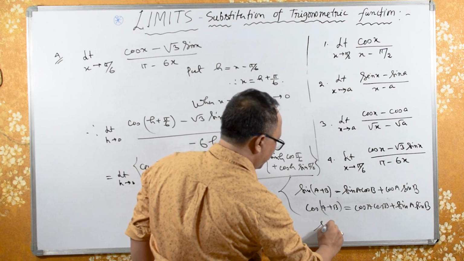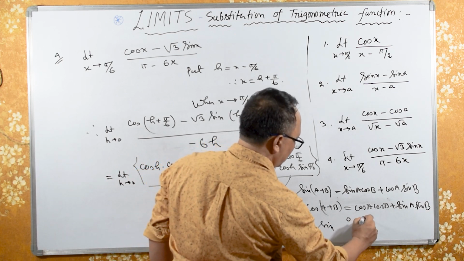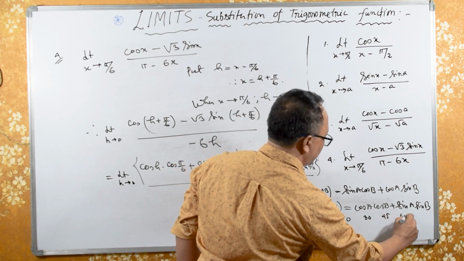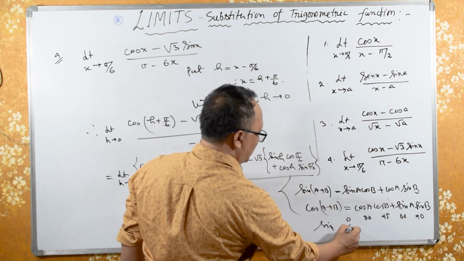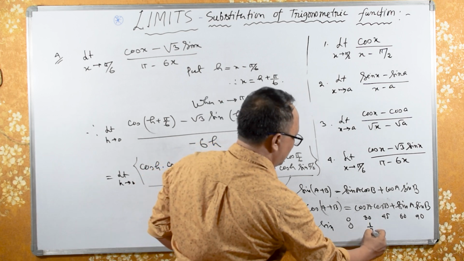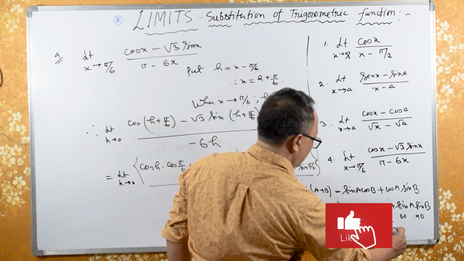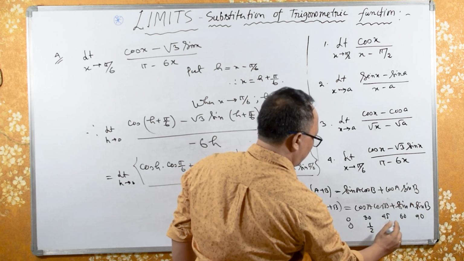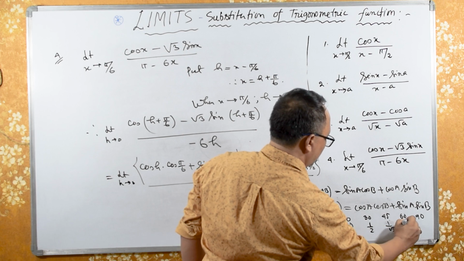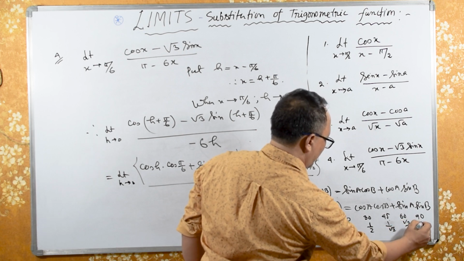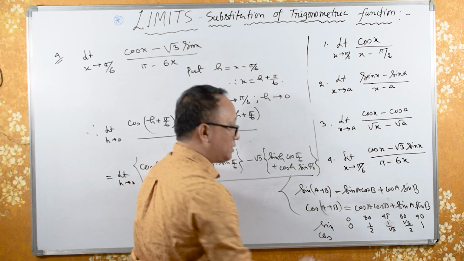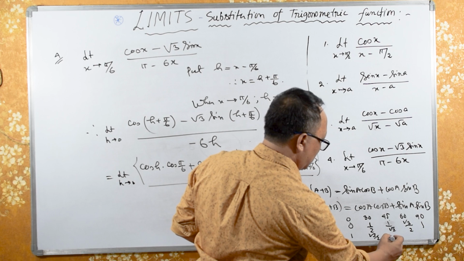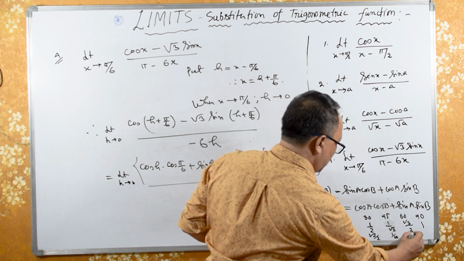Here we have sine of 0, 30, 45, 60, 90. Sine 0 is 0, 30 is 1 by 2, 45 is 1 by root 2, 60 is root 3 by 2, 90 is 1. Now for cos, just reverse it: 1, root 3 by 2, 1 by root 2, half.